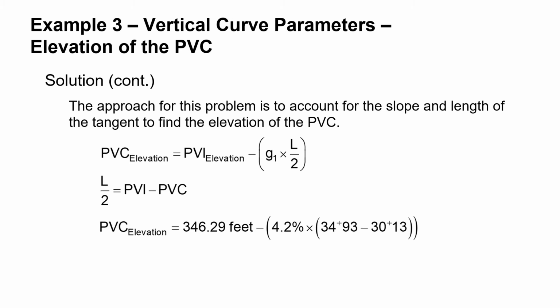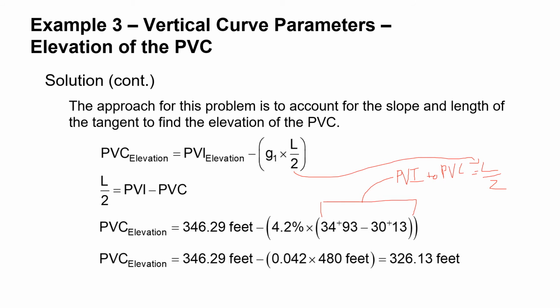So solving for the PVC elevation, this is equal to 346.29 feet. That's the elevation at our PVI, minus 4.2% times 34 plus 93 minus 30 plus 13. That's equal to L over 2, just based on our stationing, because this is the distance from the PVI to the PVC, and we know that that equals L over 2. So that's why we're plugging in those difference in stations is the same as this L over 2 here.